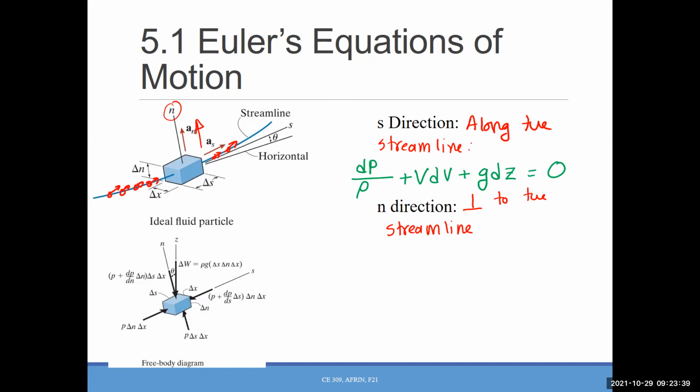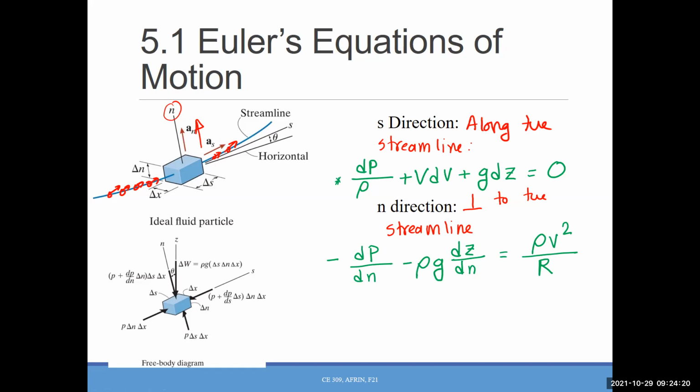That is the s direction. And for the n direction, it will be negative dp over dn, minus rho g dz over dn equals rho v square over r. Okay. So that is for the n direction. And for the s direction, we already have that. So if we do the integration of this equation, we will get Bernoulli's equation. We will see that. Okay.